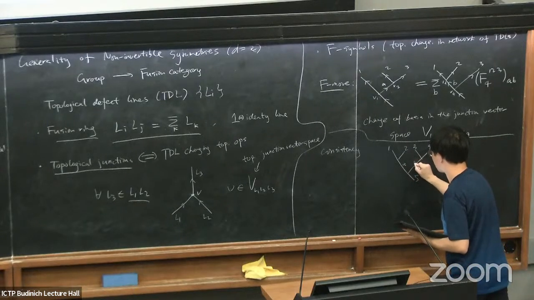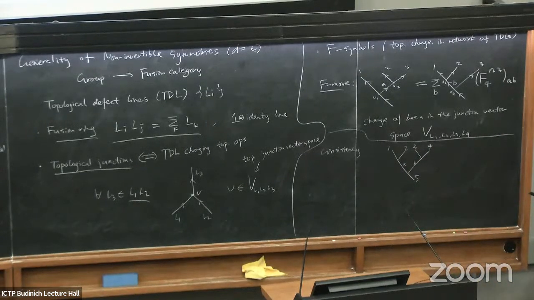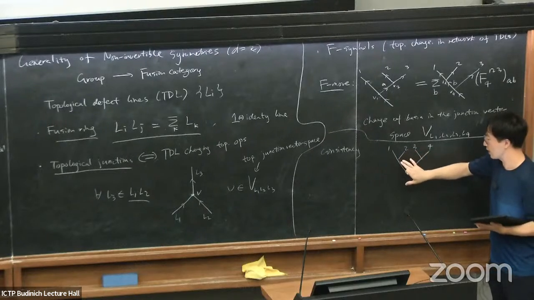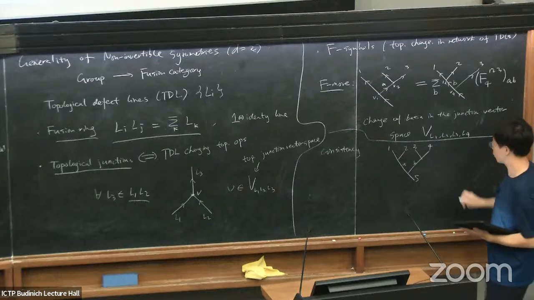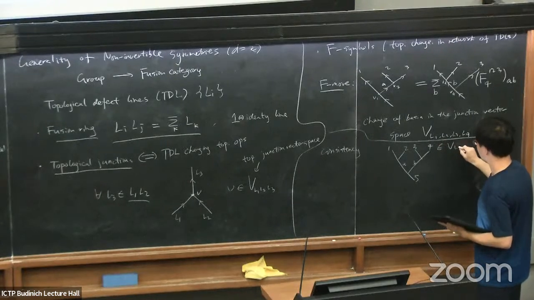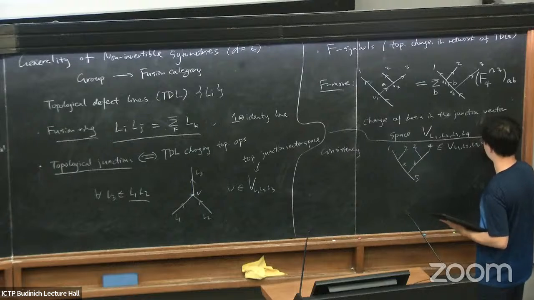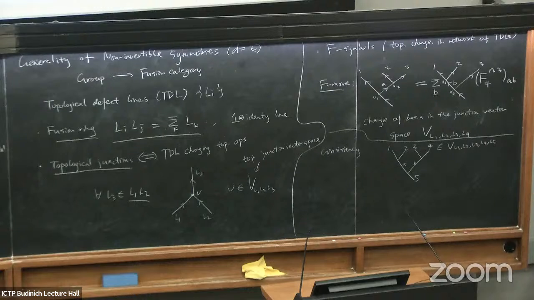Then there are 2 internal legs labeled by A and B. Once we specify the junction vector over here, this specifies a particular junction in the space between 5 external lines, 1, 2, 3, 4, and 5.